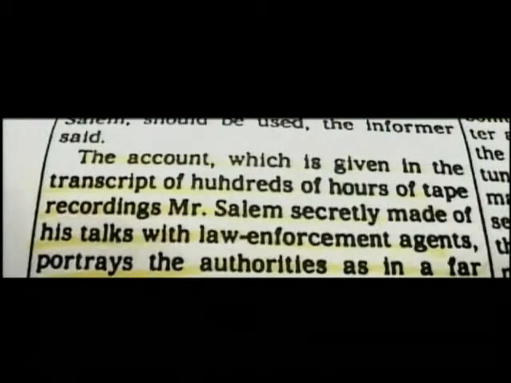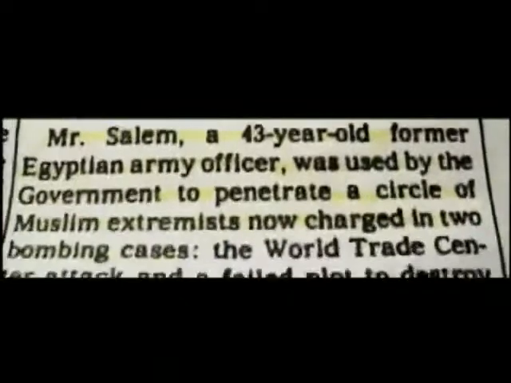The FBI actually carried out the attack on the World Trade Center in 1993. They hired Ahmad Salam, paid him $1 million, gave him real explosives and a detonator, and told him to build a bomb and give it to the foolish people he was controlling so they could attack the World Trade Center complex.